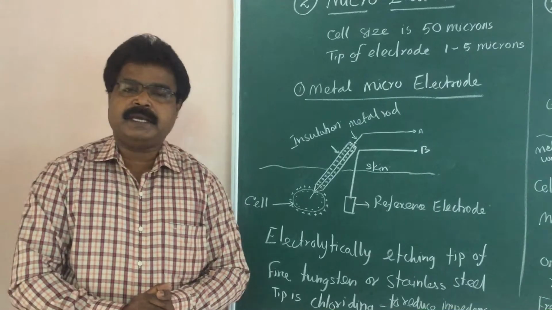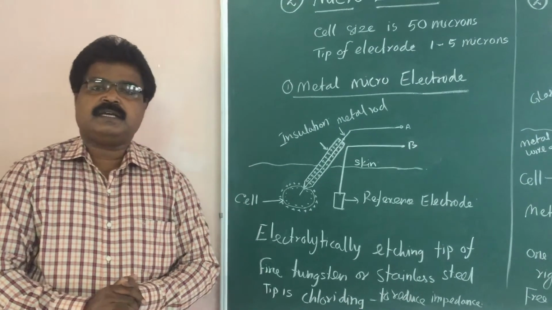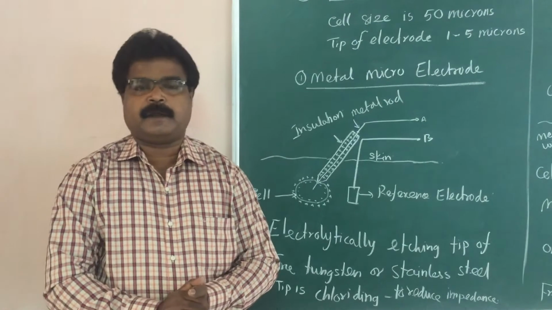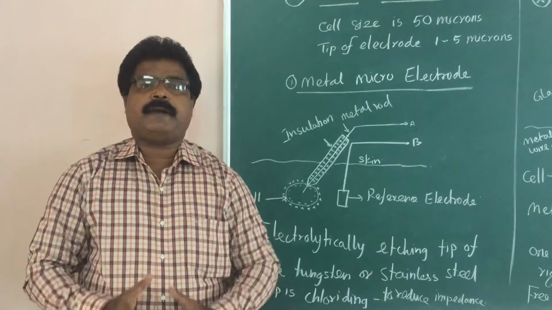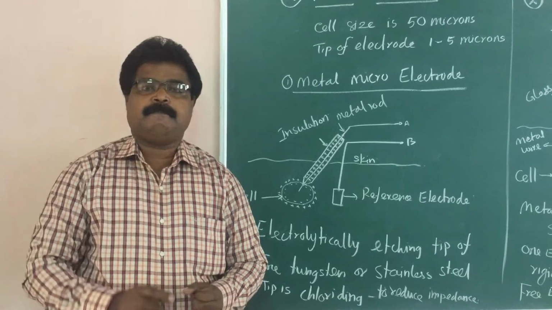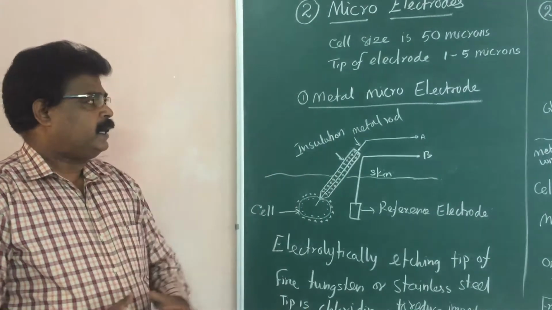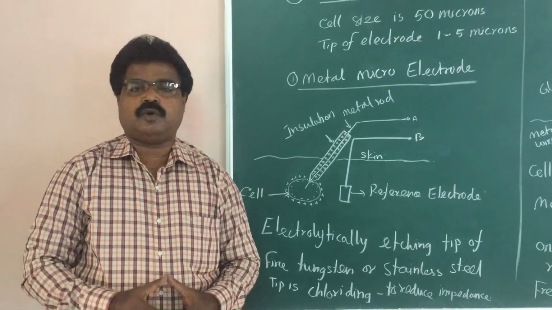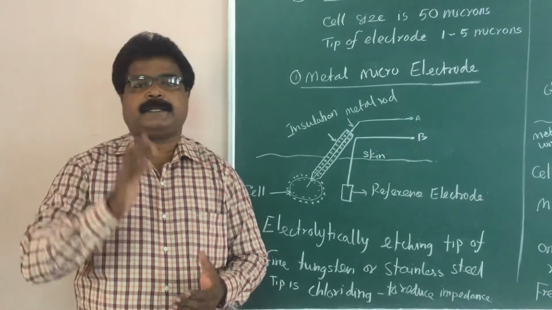So the tip must be designed in such a way that it is 1 to 5 micron. There are two types of microelectrode. One is the metal microelectrode. Second one is the glass microelectrode, or micropipette.